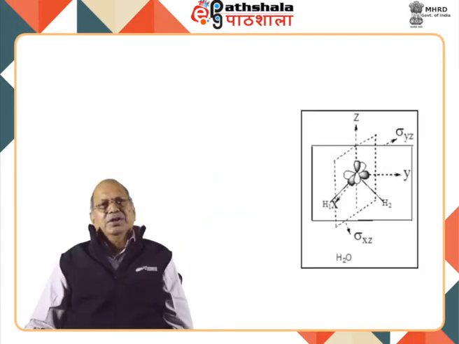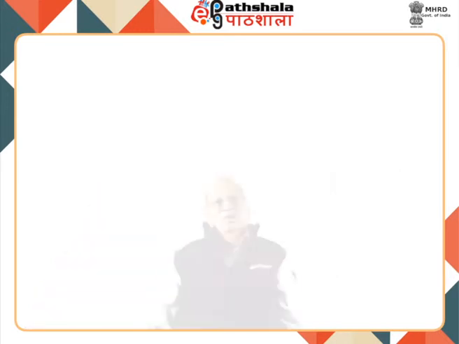Now what happens if we take representation of C2v point group using px, py, pz orbital on the oxygen atom? In C2v point group, there are E, C2, sigma xz and sigma yz symmetry operations. These px, py, pz orbitals on oxygen atom at one place, and we can now summarize the effect of various operations of C2v point group.